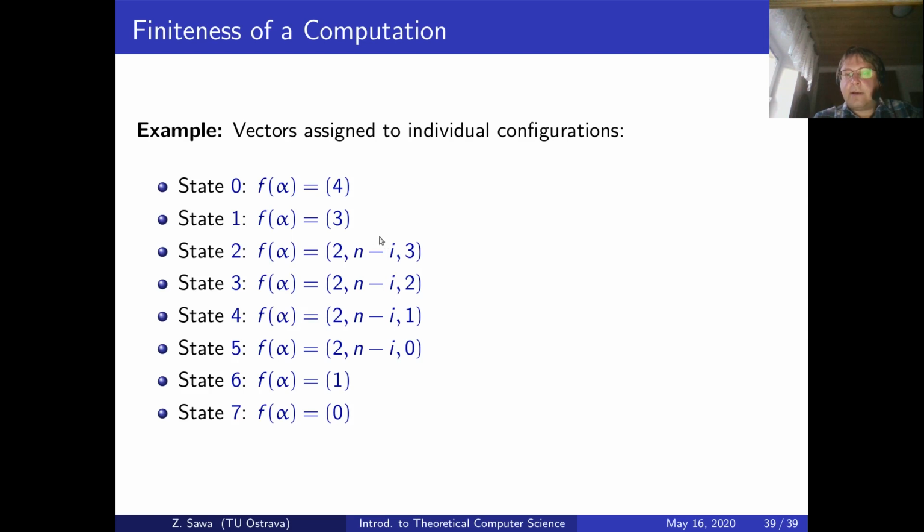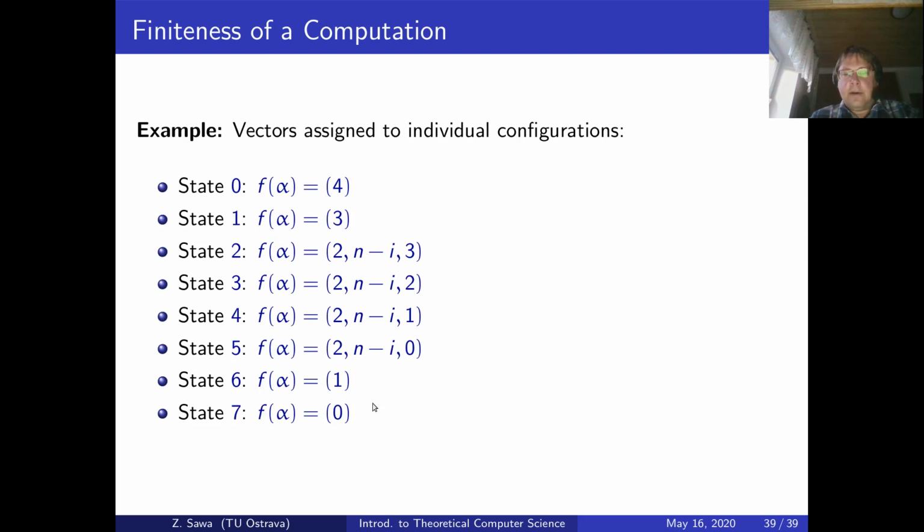The second element will be computed from the values of variables n and i. For example, if n is 5 and i is 2, the second element will be 3, for such a configuration alpha, and so on. So let's have this assignment.